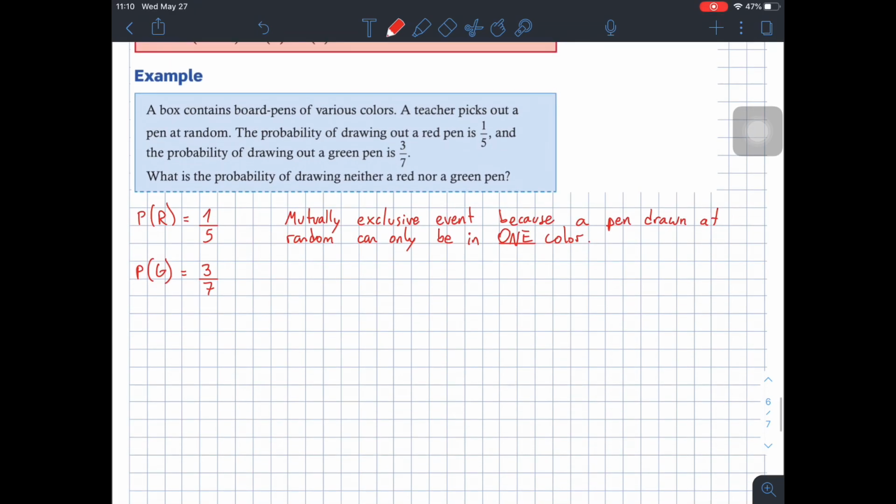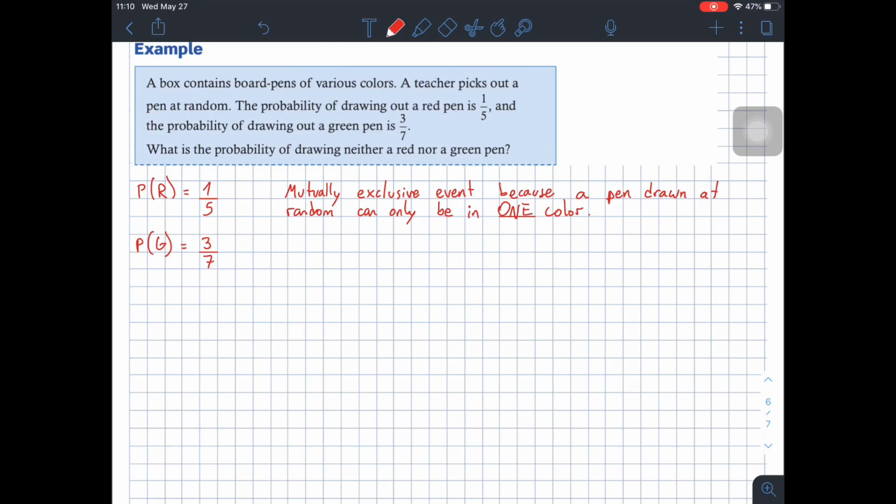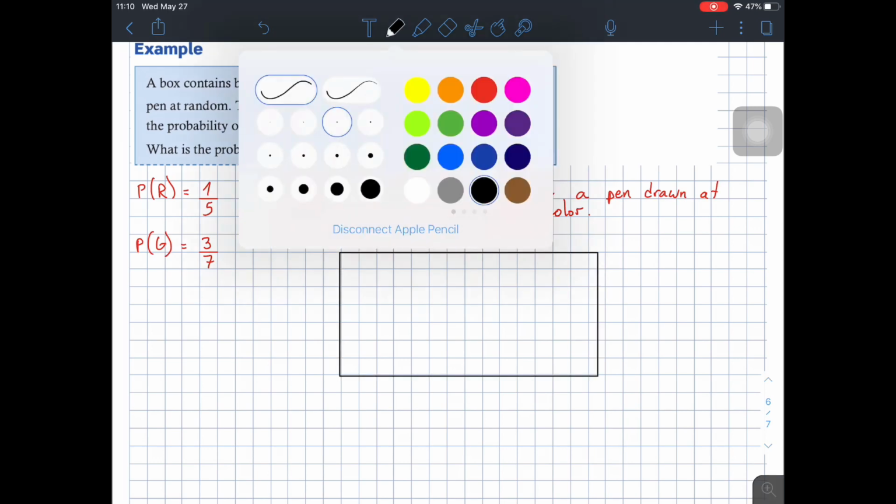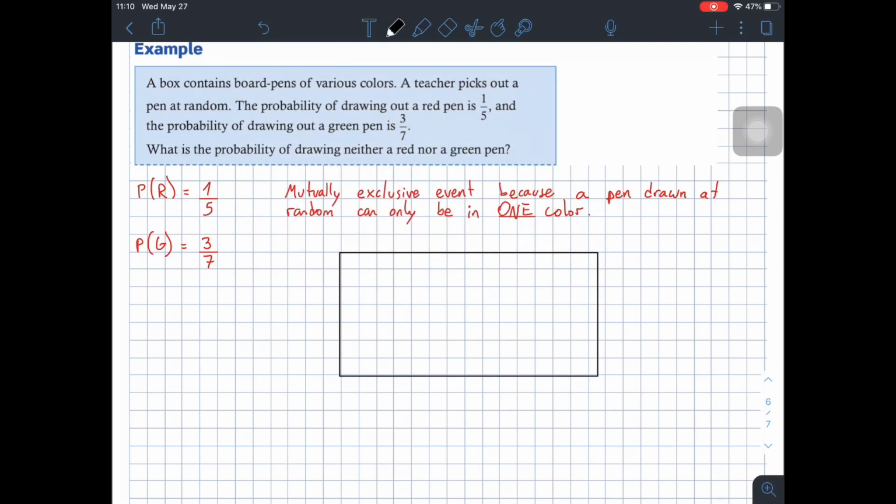So if we draw this, what is the probability of drawing neither a red nor a green pen? If we make a Venn diagram here, it's not 100% necessary, but just for you to be able to visualize what's happening. We'd have red here, green here. Sorry, this is mutually exclusive.